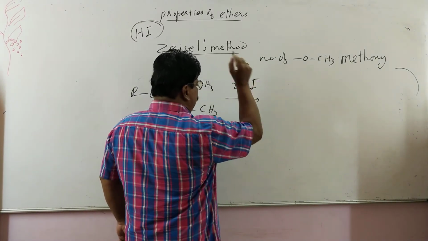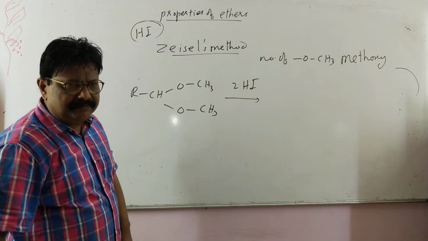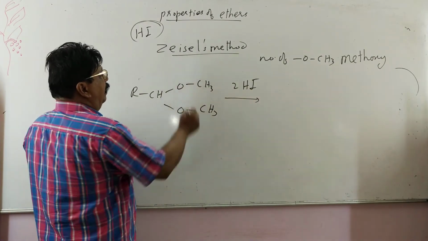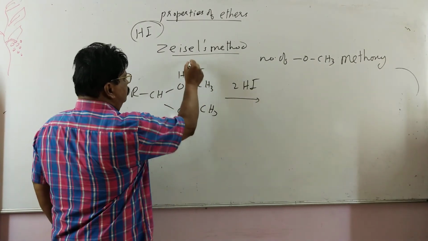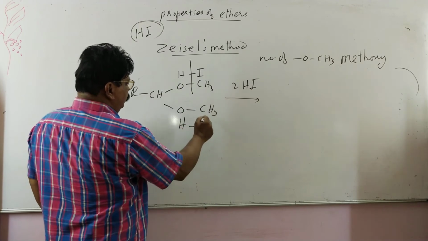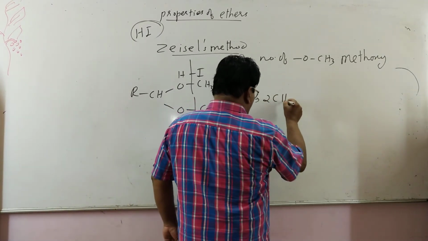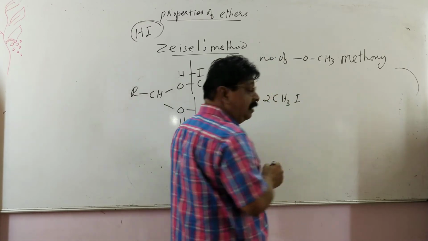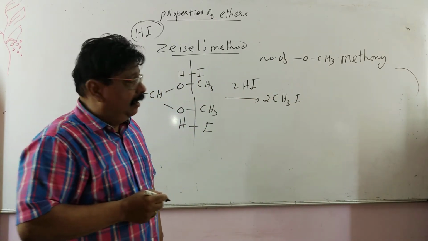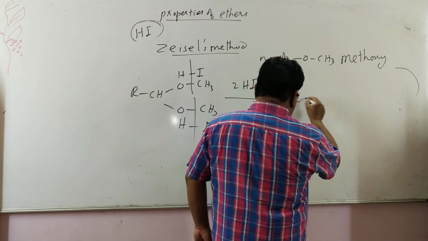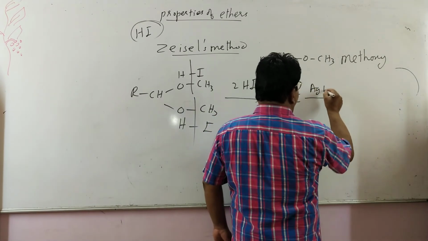So 2 HI will react here. 1 HI here, the second HI here. So we will get 2 moles of methyl iodide. Now this will be reacted with AgNO3.